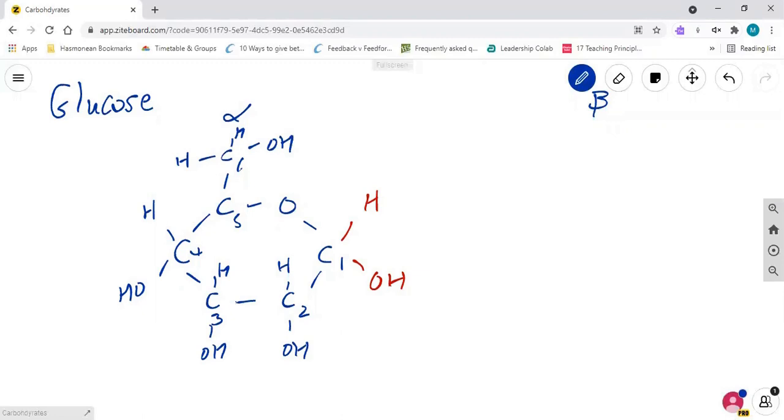Now, what about beta glucose? Well, beta glucose starts off looking much the same. I'm just going to write CH2OH there.